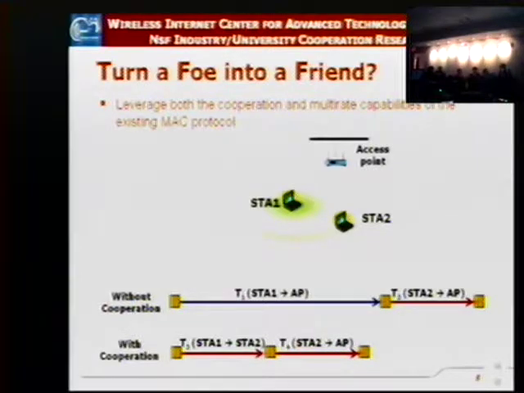In this way, the transmission of the packet from station 1 to the access point lasts a shorter period than in the previous case. So then station 2 can transmit its own packet, and the whole duration is shorter than the previous case. That means that this is a benefit for both the stations, station 1 and station 2.